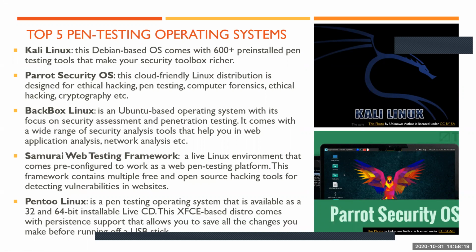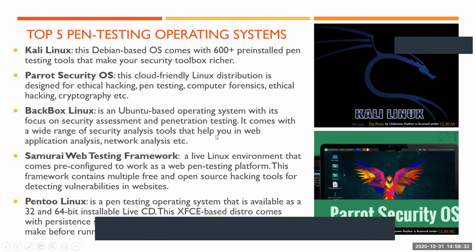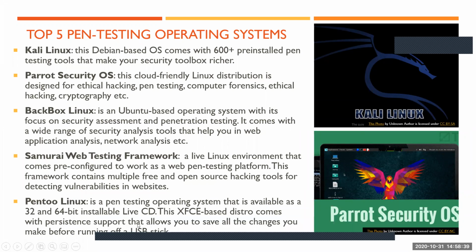You would see others as well. Pen2 is also used for pen testing, and some of these are available with live USB or live CD. This is going to be used for specific purposes. So if you wanted to run it and assess it, they have specific tools.